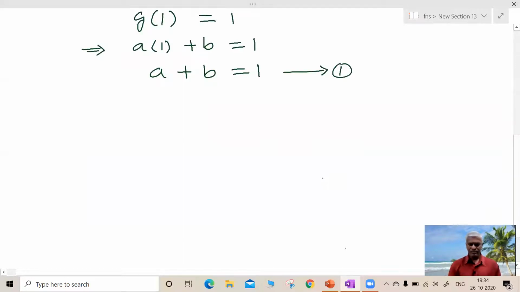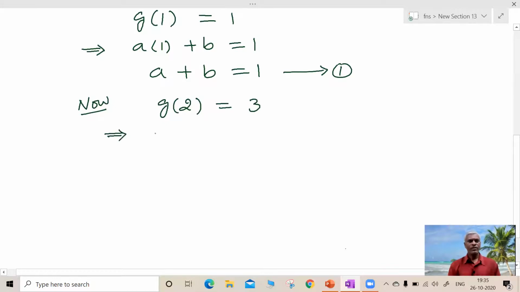And then what is g of 2? g of 2 is equal to 3. 2 is related to 3.